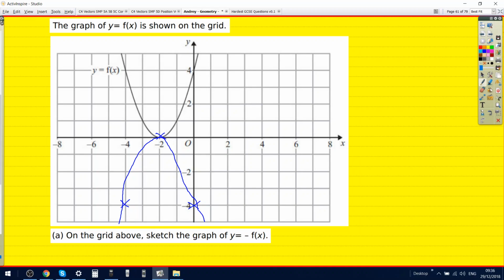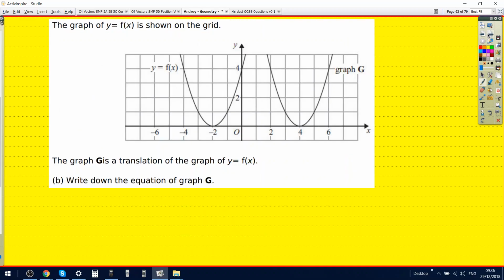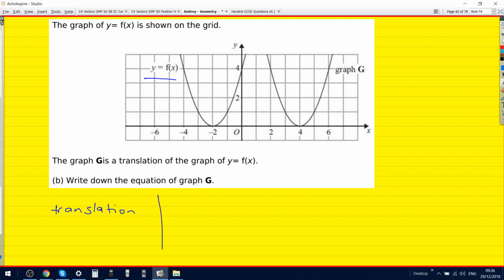Okay, best I can do. What transformation is this? Translation. Yeah. Oh, sorry. Okay, they want the new equation of g. So this one is y equals f of x. What is the equation for this one?